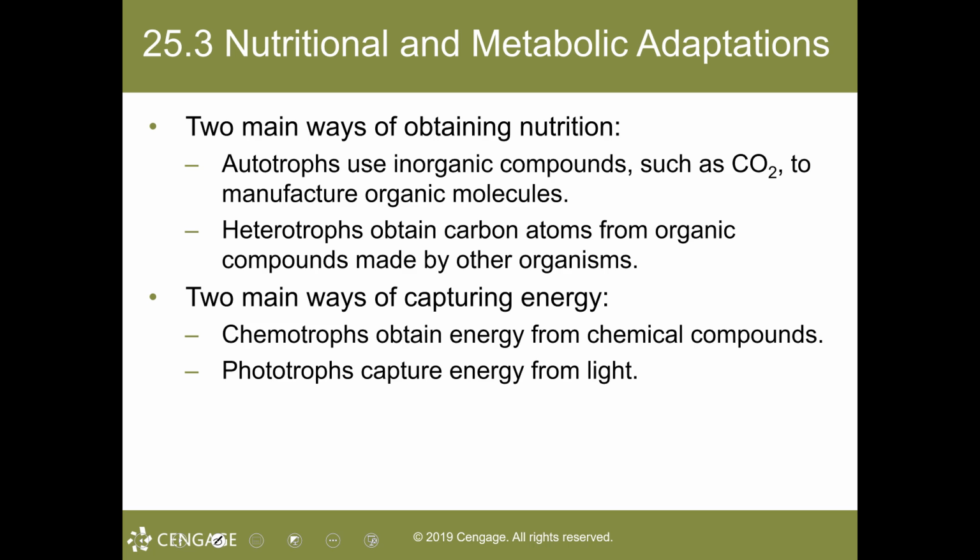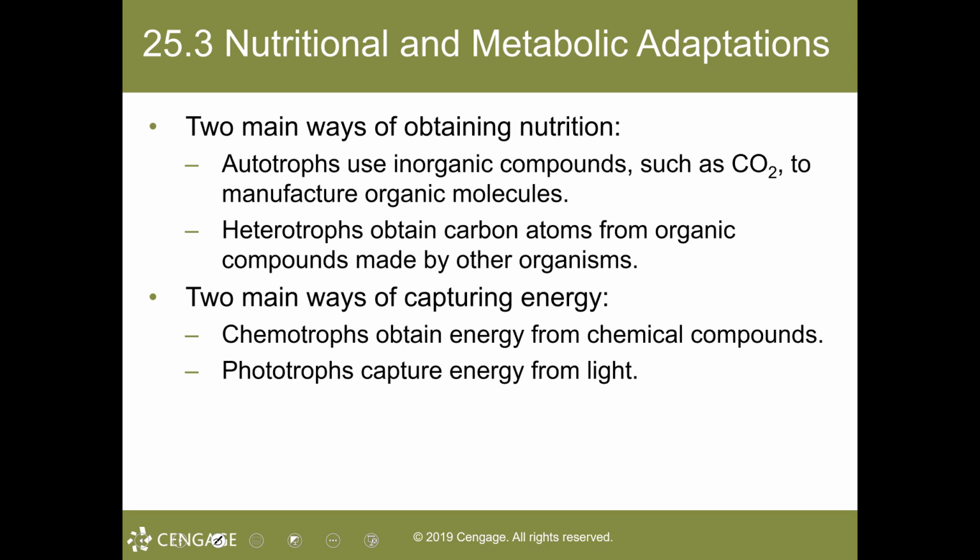So as it happens, the two main ways of obtaining nutrition, class, would be, of course, by being autotrophic, using inorganic compounds such as CO2 to manufacture organic compounds, or being heterotrophic, obtaining carbon atoms, class, from the organic compounds made by other organisms. So two main ways of capturing energy, class, being either chemotrophic or phototrophic.